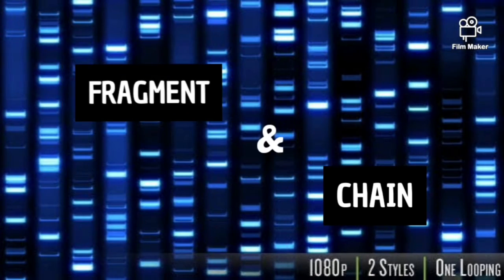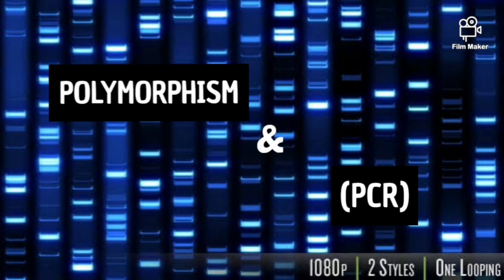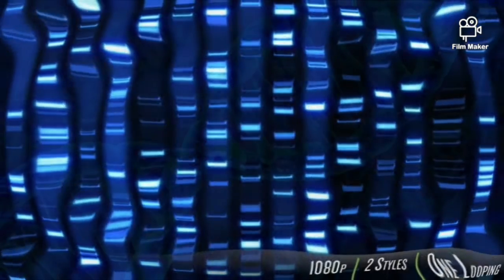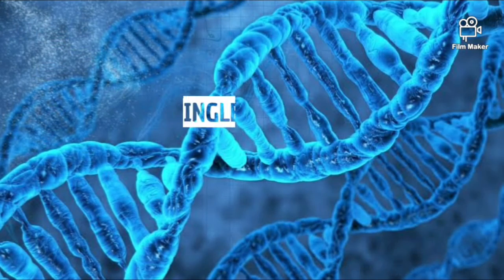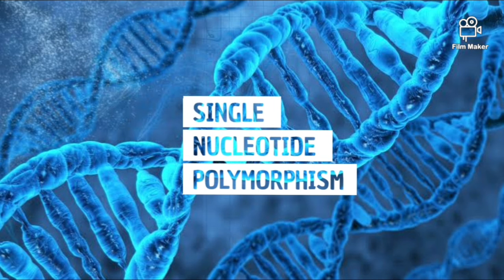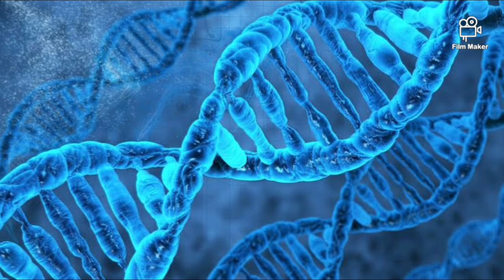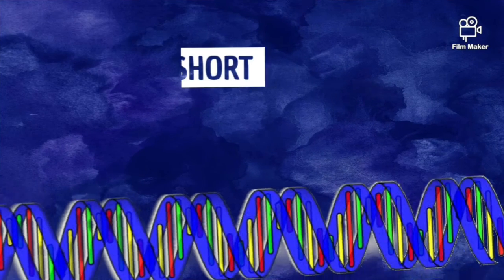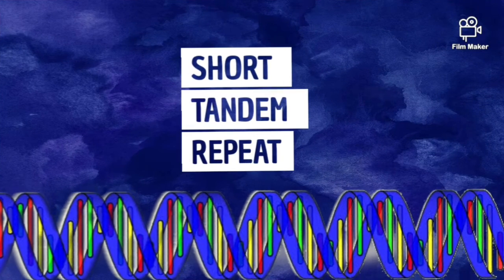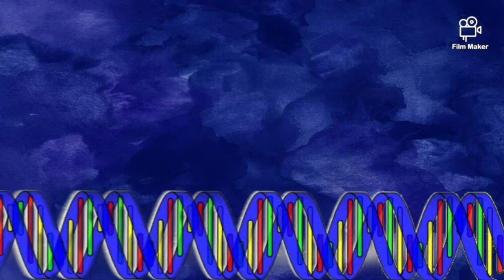Different DNA fingerprinting methods exist using either restriction fragment length polymorphism or polymerase chain reaction. Each method targets different repeating polymorphic regions of DNA, including single nucleotide polymorphisms and short tandem repeats.